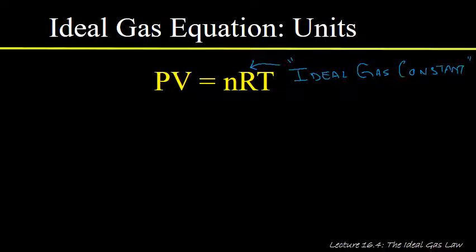And R has the value of 0.08206, and then it has kind of weird units, which are liters times atmospheres divided by moles and kelvins.